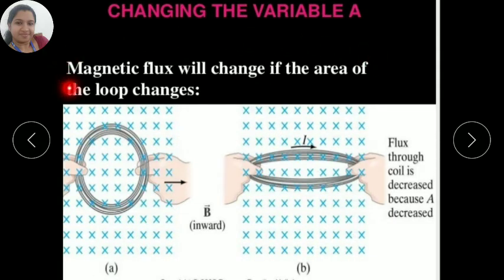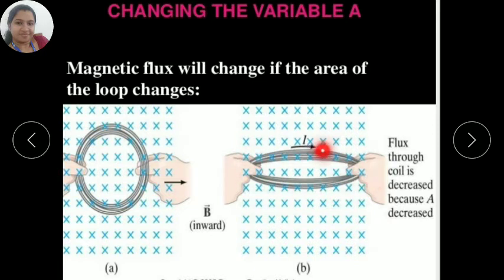The other varying quantity: the magnetic flux will change if the area of the loop changes. That means the equation for magnetic flux is phi is equal to AB cos theta, where A is the area vector. So if A increases, normally phi increases. So flux through the coil decreases because A is decreased.